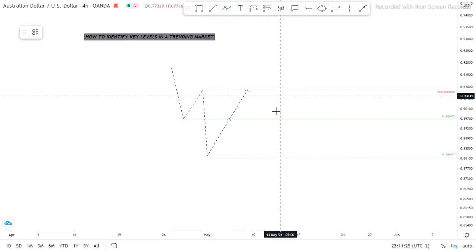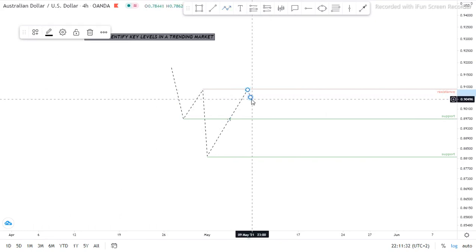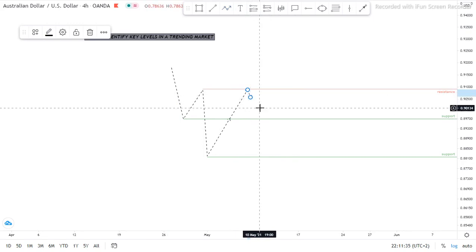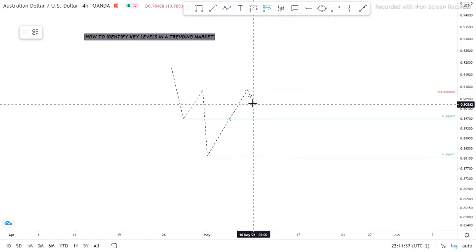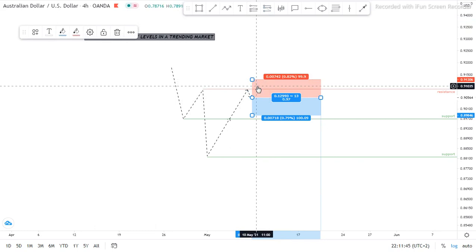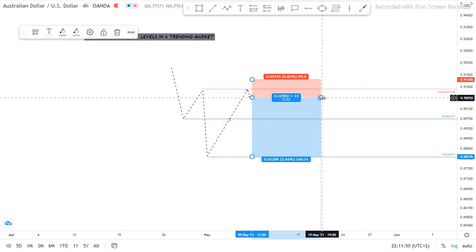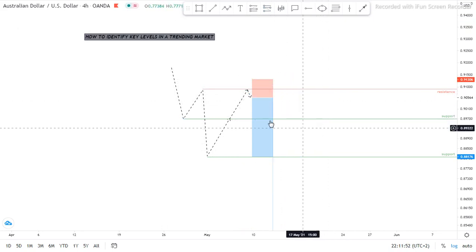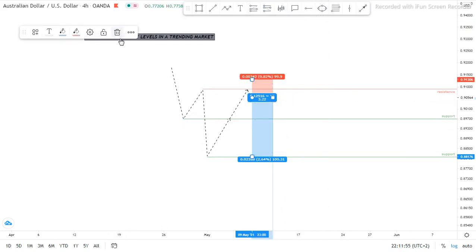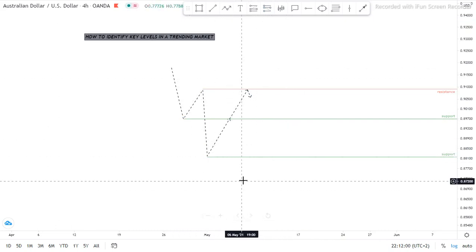What we would do is simply wait for confirmation, our candlestick patterns, as price begins to move down, as we see our momentum shift and volume stepping in the market, and then we go for our short orders, stop loss anywhere above our resistance, and then first take profit and second take profit. So that's how we spot our key levels in an uptrend and in a downtrend.